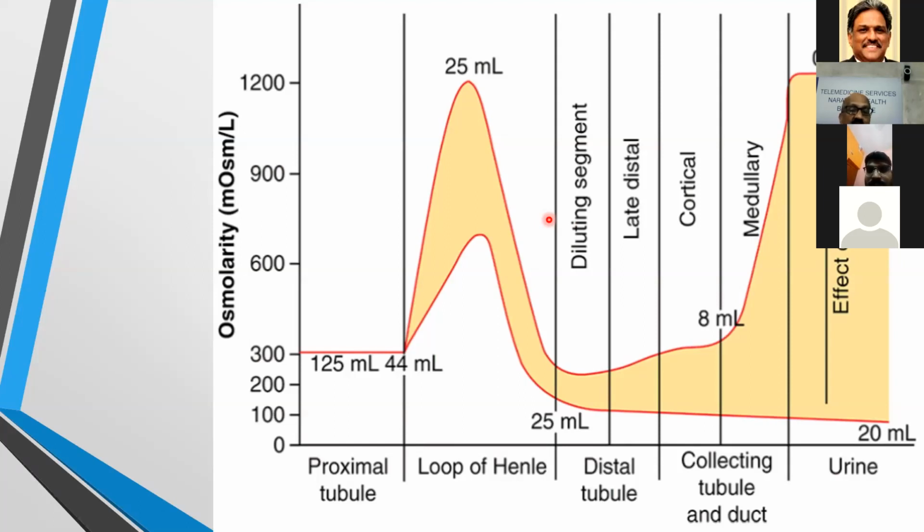You have the normal plasma osmolarity of about 300, and the filtrate osmolarity increases to about 1200, and then comes down in the collecting tubule. Ultimate osmolarity can vary anywhere from 1200 to 300 depending upon the concentration of the urine, which again depends upon the level of ADH, which is controlled by the body fluid maintenance mechanisms.